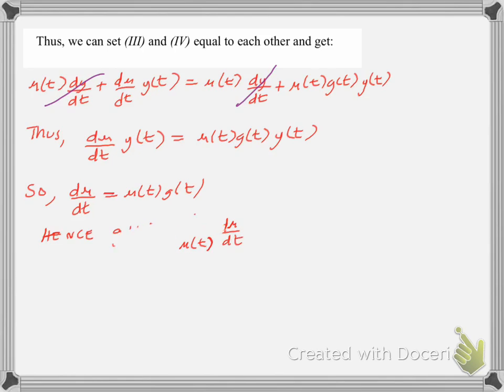Actually, hold on. I want to put it the other way. So hence, it doesn't matter, but I'll do it the other way, like it's in my notes. Mu of t times d mu over dt equals g of t, right?